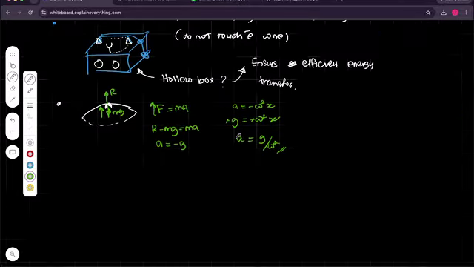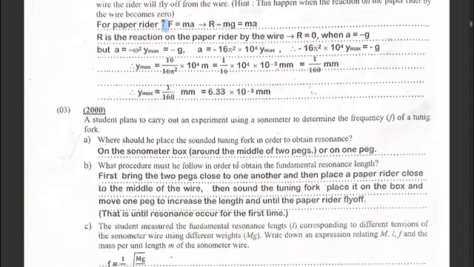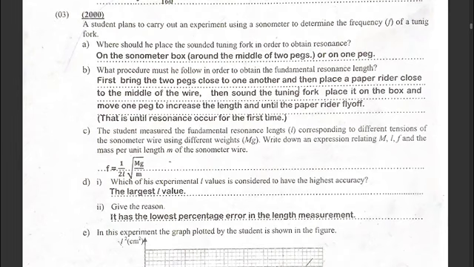Then let's look at the question from 2000. A student plans to carry out an experiment using a sonometer to determine the frequency of a tuning fork. Where should he place the sonometer tuning fork in order to obtain resonance? From the sonometer box, around the midpoint of the two pegs. What procedure must he follow to obtain the fundamental resonance? So this is a very common question.